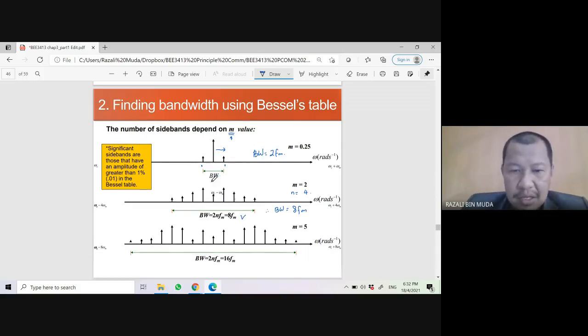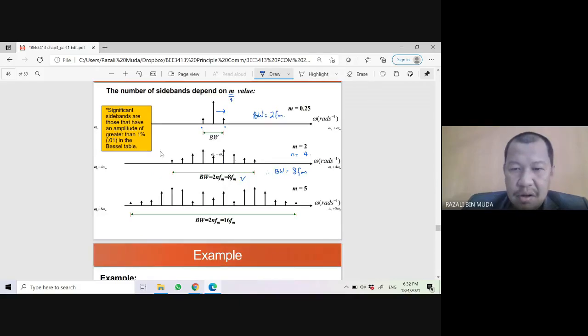And lastly, for m equal to 5, you can check this later. M equal to 5, significant sidebands equal to 1, 2, 3, 4, 5, 6, 7, 8. N equal to 8. 8 significant sidebands. Therefore, the bandwidth equal to 2n Fm equal to 16 Fm.